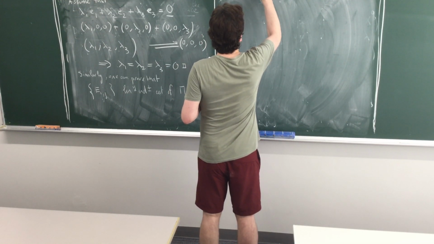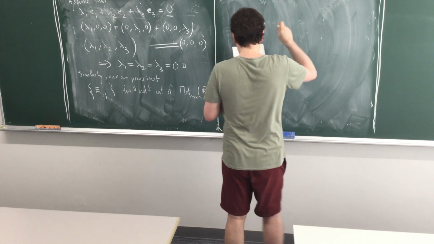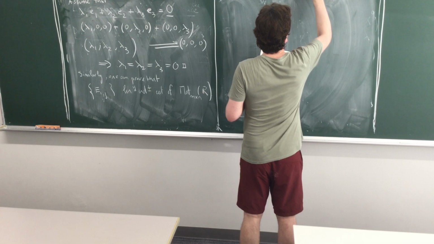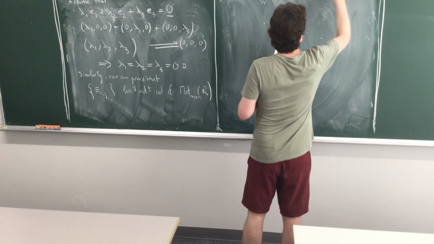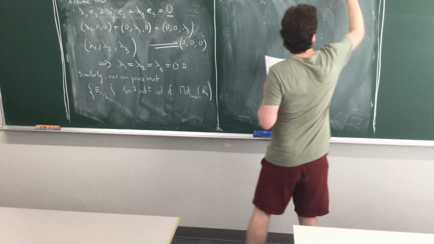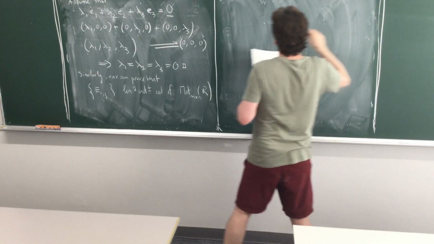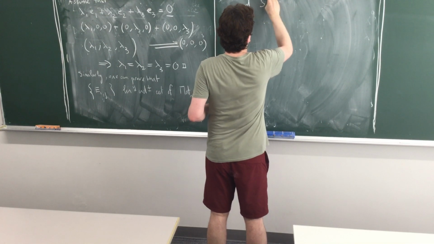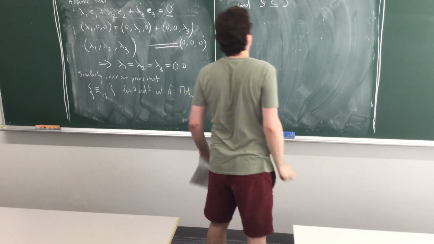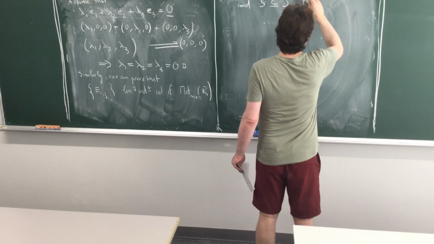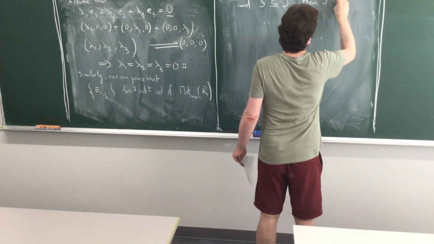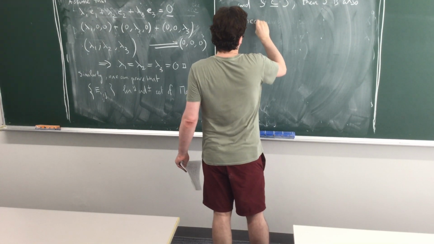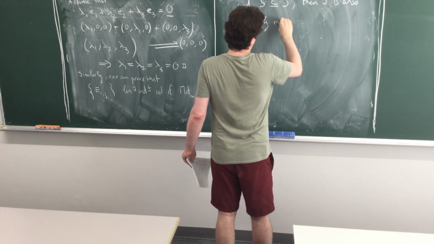If S is linearly independent in V and S prime is a subset of S, then S prime is also linearly independent.